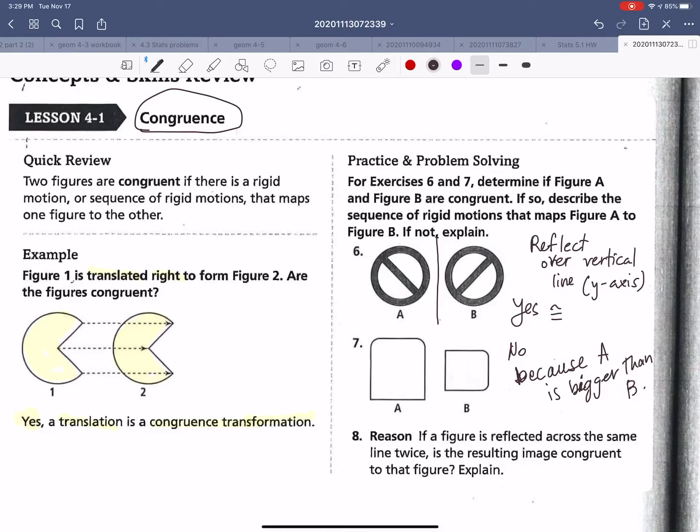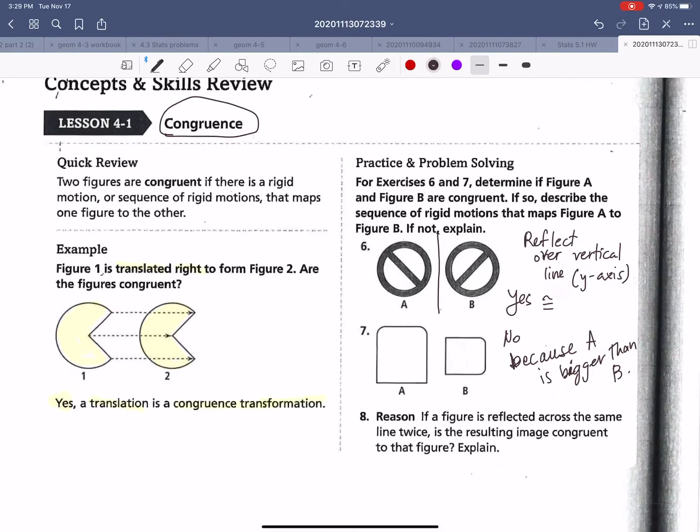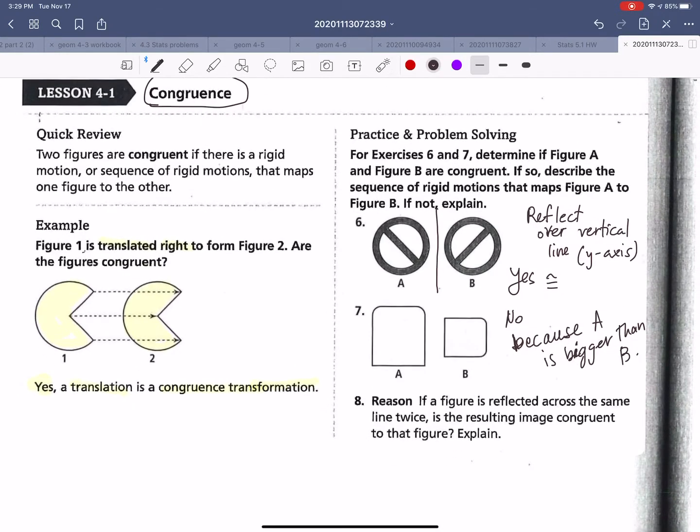All right, last question, number 8 on this section is if a figure is reflected across the same line twice. Okay, so let's just take a figure. It doesn't matter what it is, I guess this triangle. If I flip it over this line, all right, so this is figure 1 and this is figure 2. I flip it over that line. And then let's say I flip it over that line a second time. So now I'm back over here.